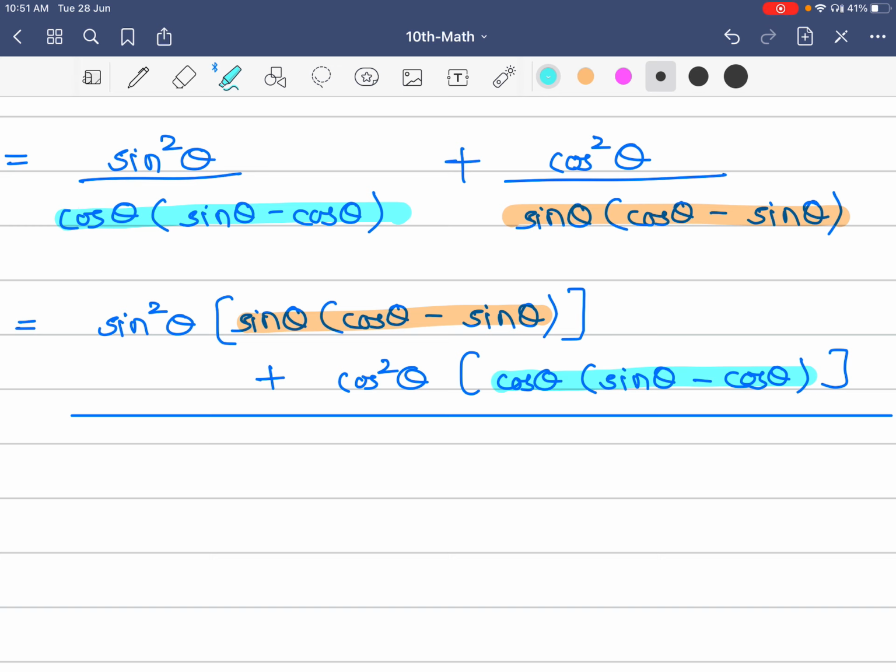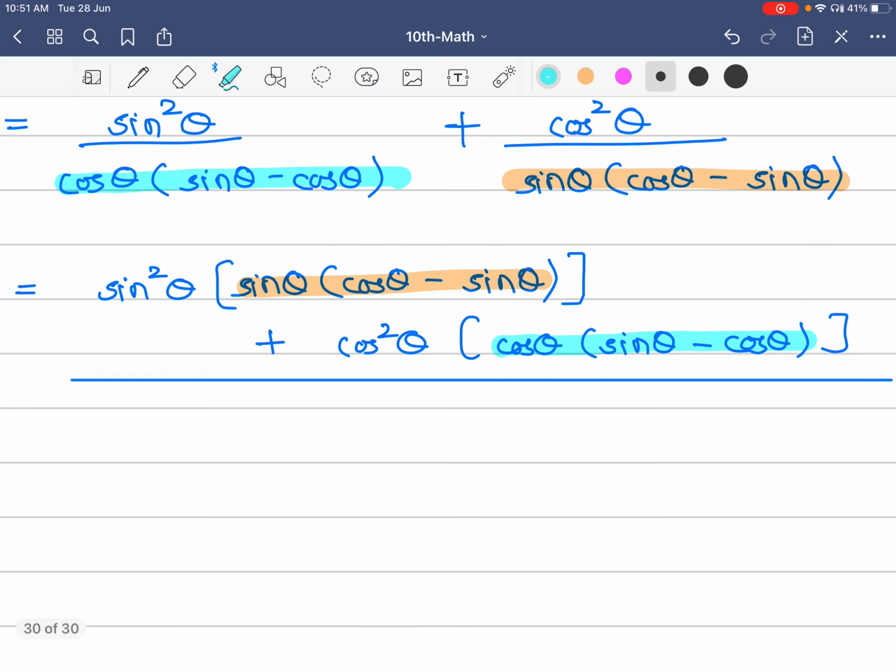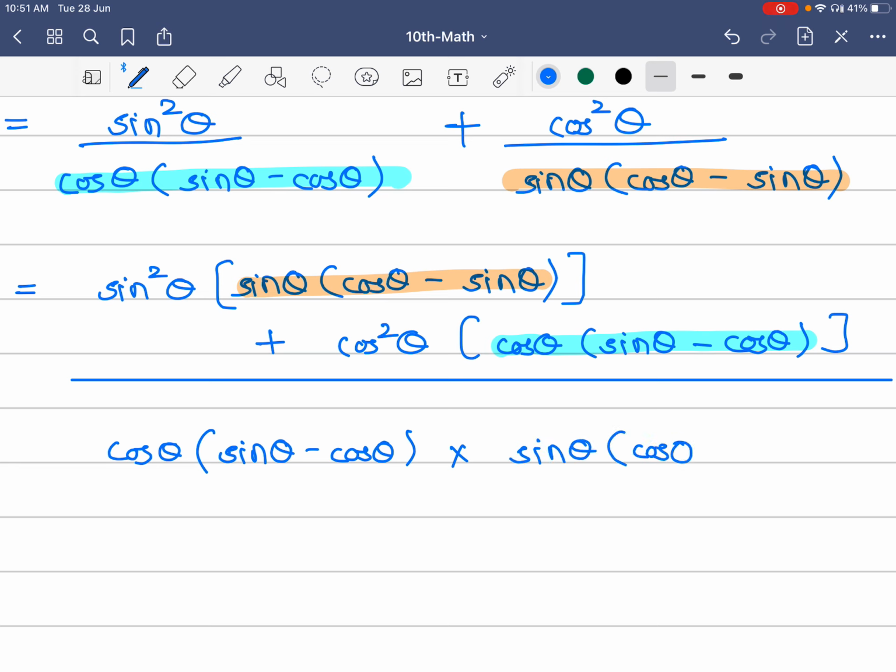Okay, no mistake. There's no mistake. And then the denominator. So the denominator is going to be quite a big one. So it's going to be cos theta into sine theta minus cos theta, into sine theta into cos theta minus sine of theta.